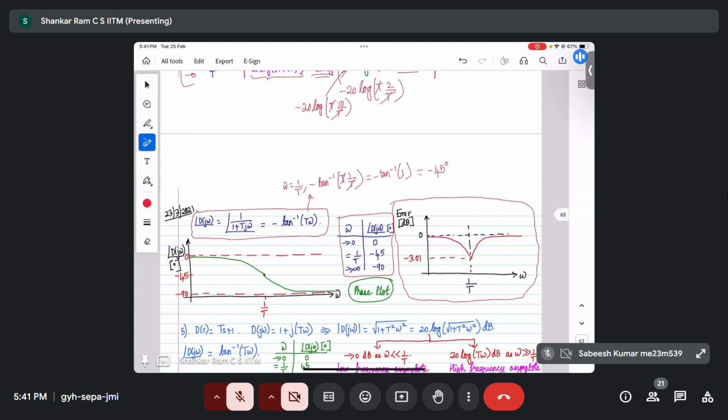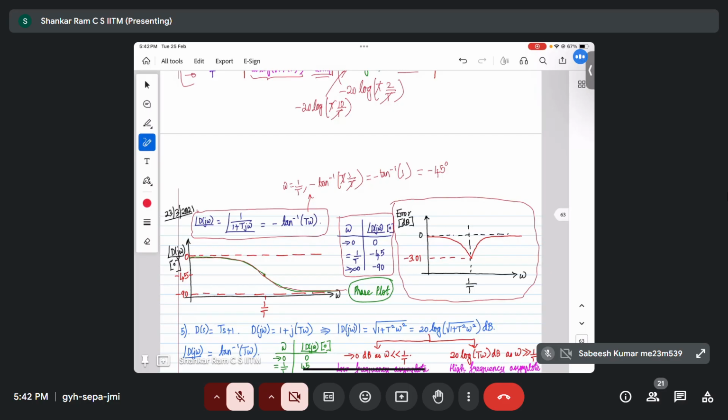As omega tends to 0, the phase will go to 0. As omega tends to infinity, the phase will tend to minus 90 degrees. So you will see that the phase curve is a nonlinear curve with an inflection point at 1 by t. Okay, this is the shape of the tan inverse curve, right?